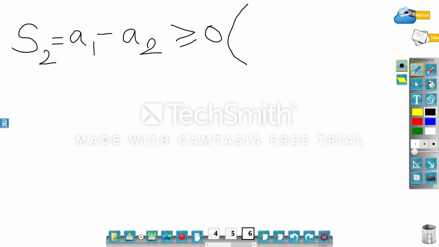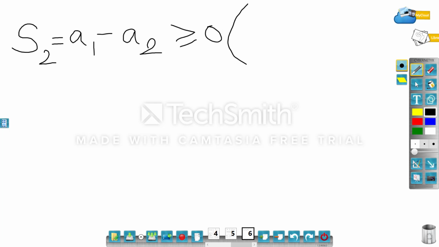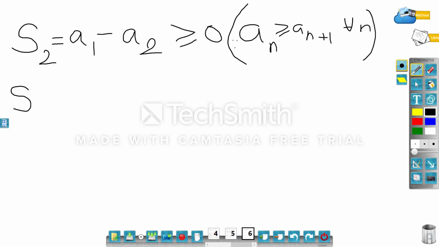The reason for this is that it is mentioned in the given condition number 2 that a_n is always greater than or equal to a_(n+1). So that result we are using, since a_n is greater than or equal to a_(n+1) for all n. Now since I'm talking about the sequence of even partial sums, after S2 we will have S4.